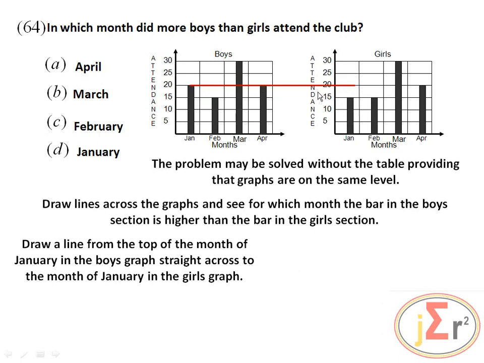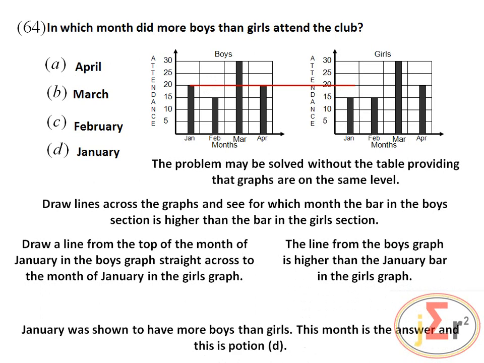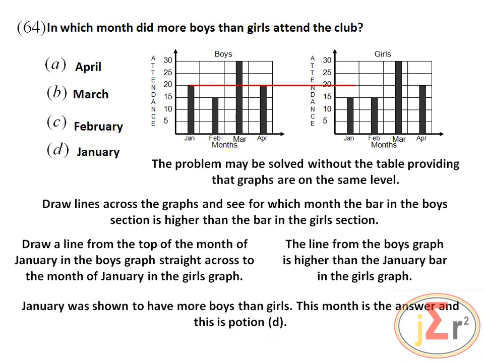Therefore, we have more boys that attend in January than girls. The line from the boys' graph is higher than the January bar in the girls' graph. January was shown to have more boys than girls. This month is the answer, and this is option D.